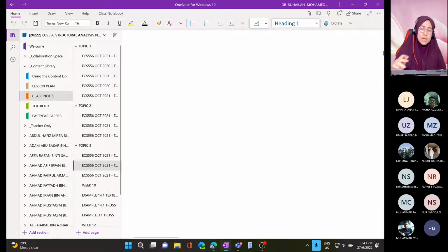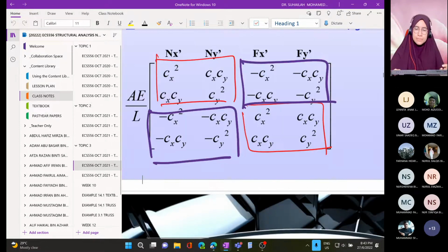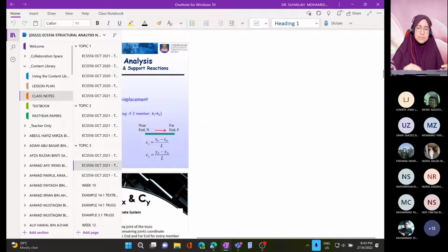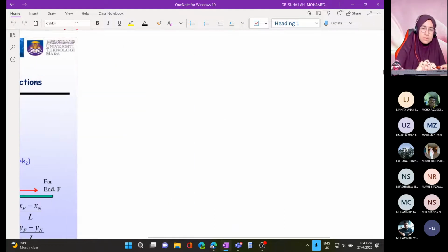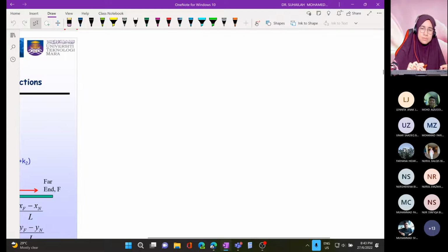Okay, what is important in analysis of structures using the stiffness method? Number one, the most important thing is the degree of freedom.